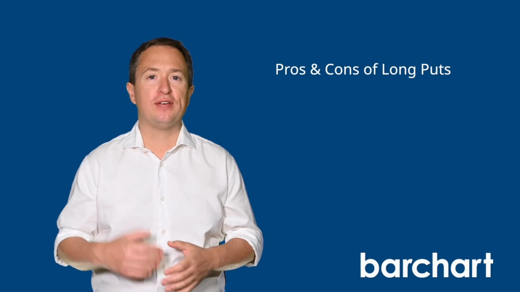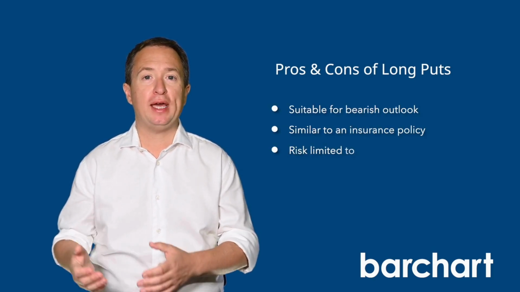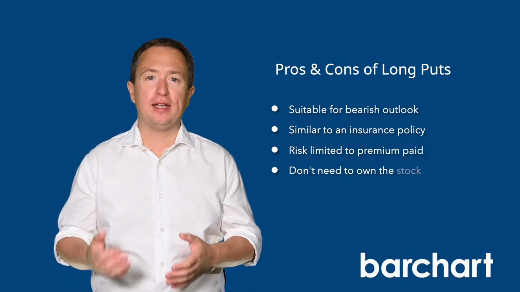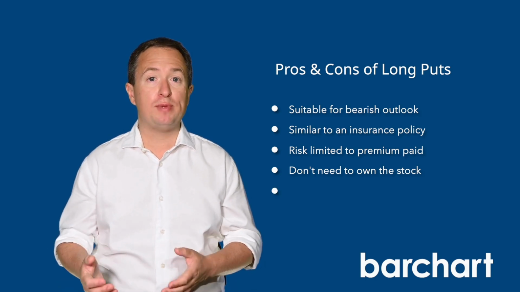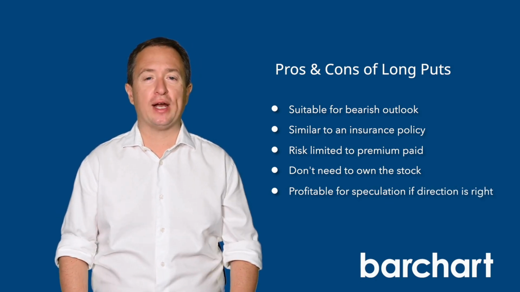Long puts are suitable if you have a bearish outlook and the risks are limited to the premium you paid at the start of the trade. Now, you don't have to buy necessarily puts on stocks that you already own. Long puts can also be profitable if they're used for speculation, but you do have to get the direction right.